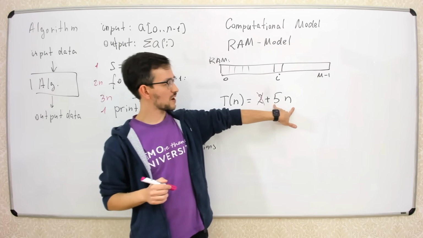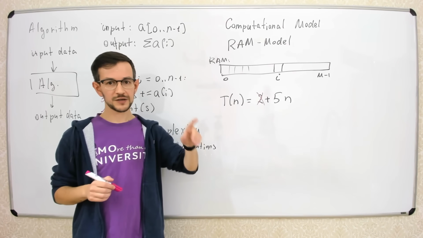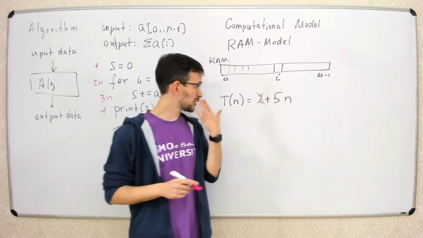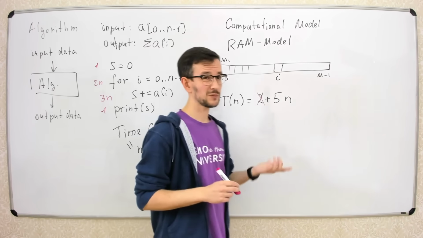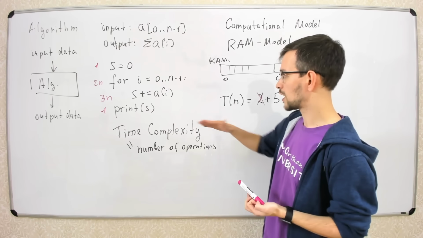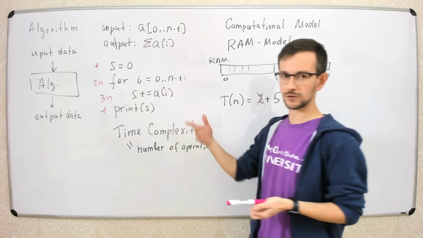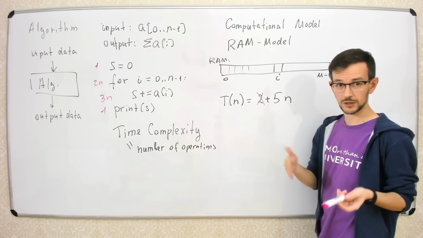Now, let's look at this 5n. In this 5n, this constant 5 is actually not very important. Why is it not important? Because it depends on very different details. This 5 may be different if we fix another set of operations. If, let's say, we have the operation plus equal as one operation, we will have not 3n but n here. So it will be not 5n but say 3n and so on.